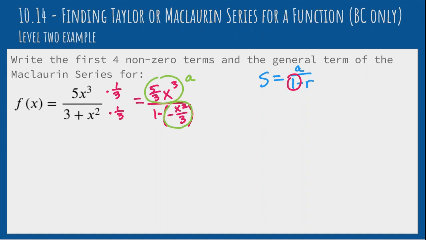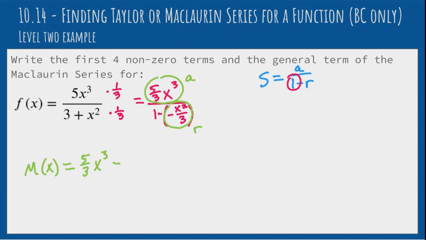So using that to build our Maclaurin series, we're going to have the first term, and then we're going to multiply by that common ratio over and over again. So since it's negative, that's going to make the terms alternate.